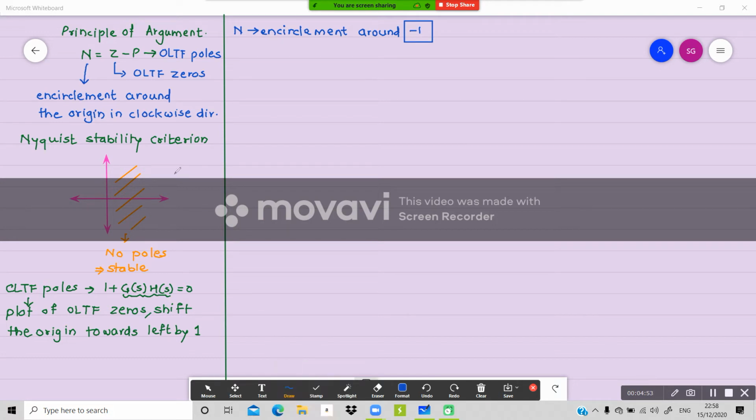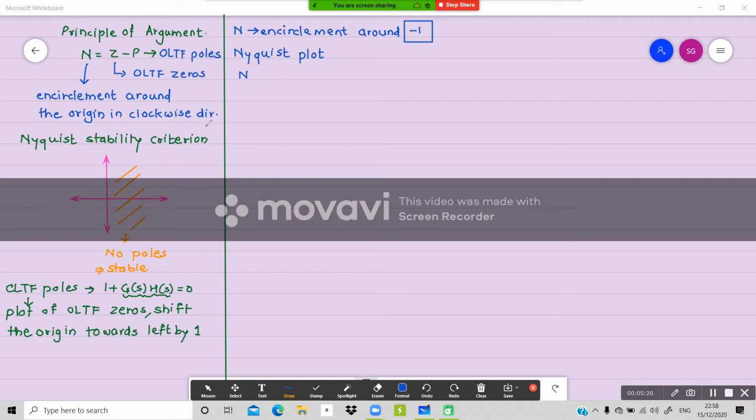Then the next thing is, in the Nyquist plot, what will we try to see? We'll try to see the encirclements around -1, correct? And we are interested in OLTF zeros.